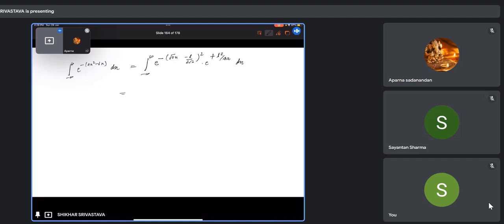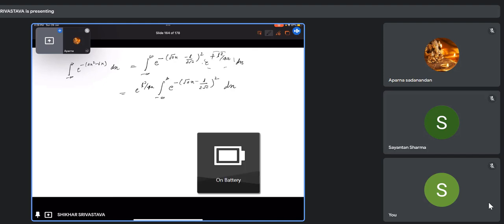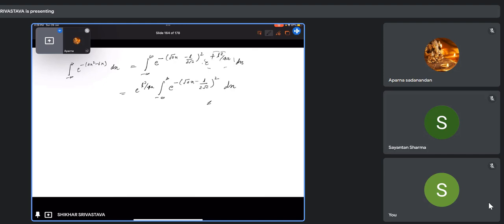So this is a constant term, so it will come outside the integral and you're left with this. Now you just do the substitution method. You substitute the quantity in the bracket with another variable t.